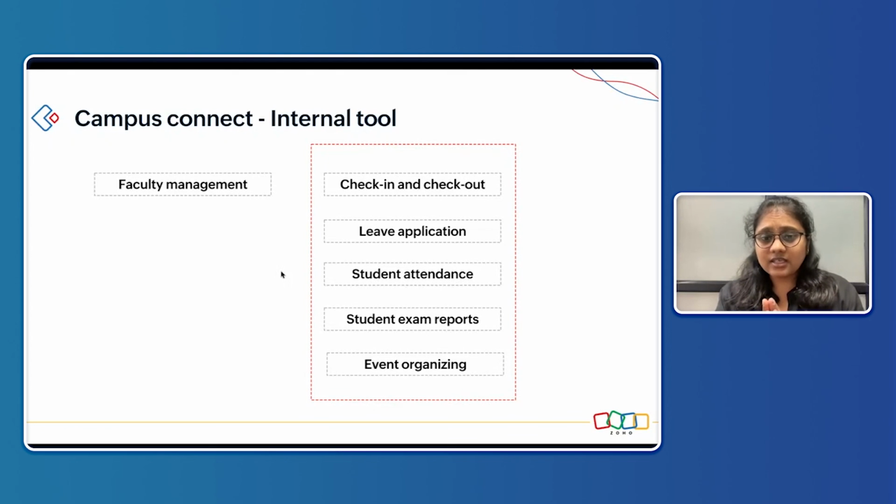From that internal access, the faculties can check in and check out. They can apply for leave. They can manage the student attendance if they are in charge of a class, and they can upload the students' exam reports. They can organize an event, and they can get approval for the event organization. So these are the things that we can manage. Imagine the Campus Connect as an internal tool for the faculties.